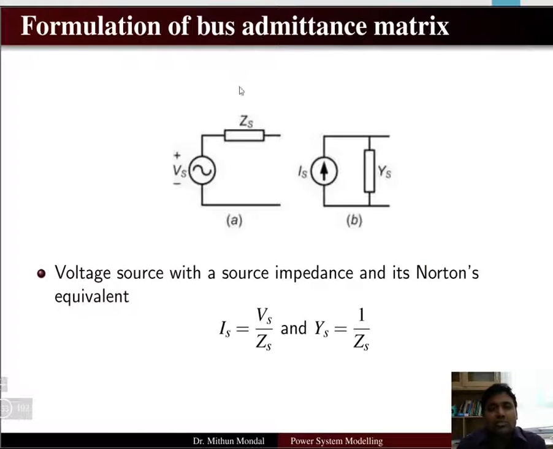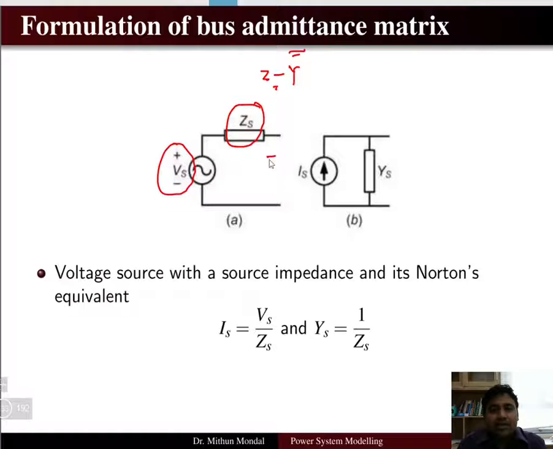So, formulation of the bus admittance matrix. How do we relate impedance and admittance in a network? We know that a voltage source in series with an impedance can be converted to a current source in parallel with an admittance, in accordance with Thevenin's theorem and Norton's theorem.